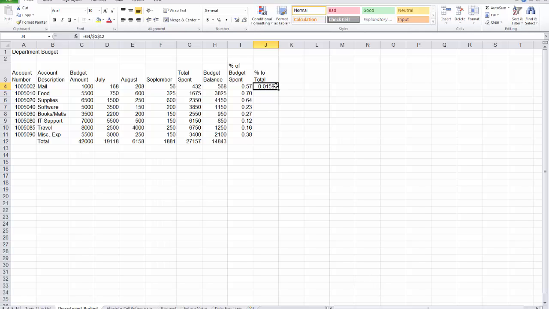So now this formula reflects equals relative G4 divided by absolute G12. The absolute reference should not move off of G12 for any of our calculations. So when I autofill that down, now the numerator is moving as a relative cell reference, and the denominator is anchored as an absolute cell reference.